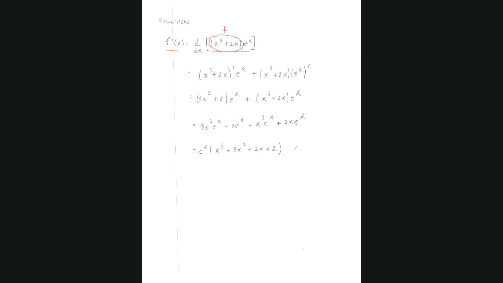I don't need to have this as part of the work, but since it's your first time taking the derivative of a product and the product rule is new to you, I'm going to try to justify everything that's going on here. So I'm taking the derivative of a product, and we know the product rule.